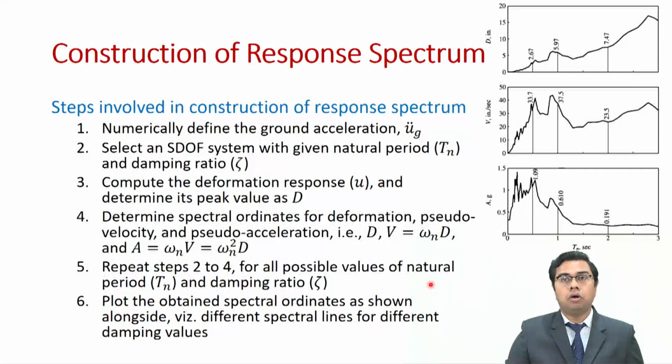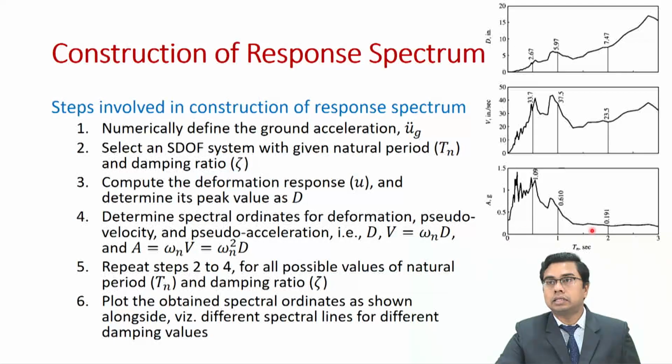We will plot the obtained spectral ordinates for varying natural period on the x axis and one line for a given damping value, as shown alongside, where different spectral lines will be drawn for different damping values.